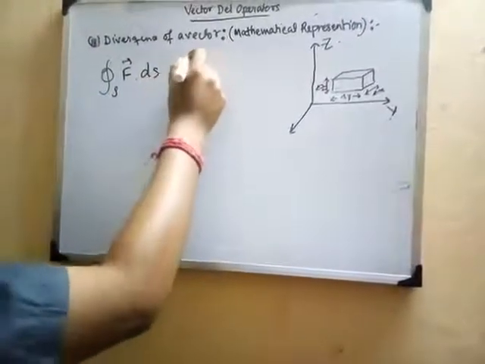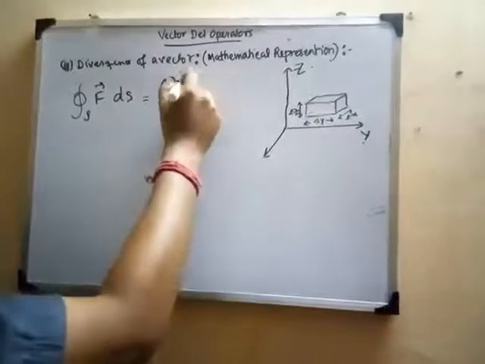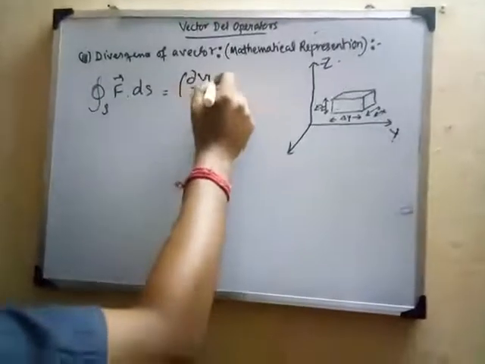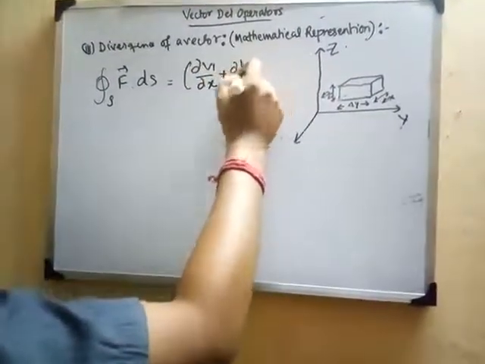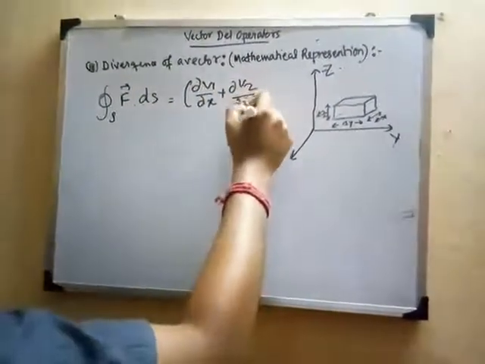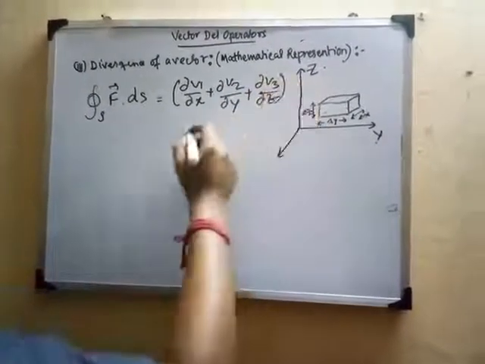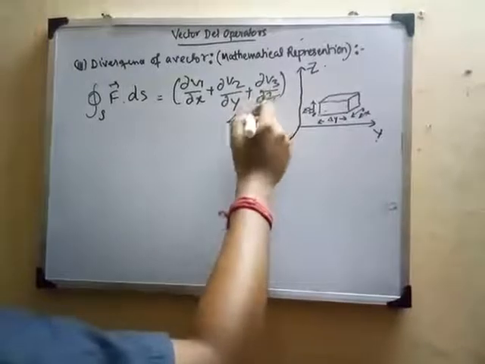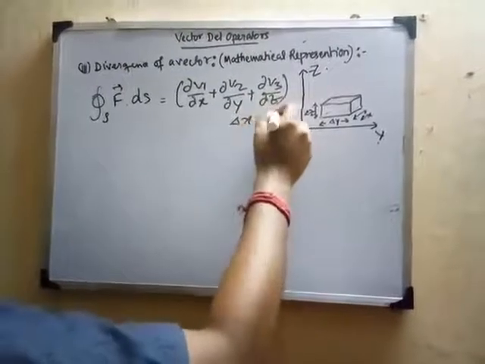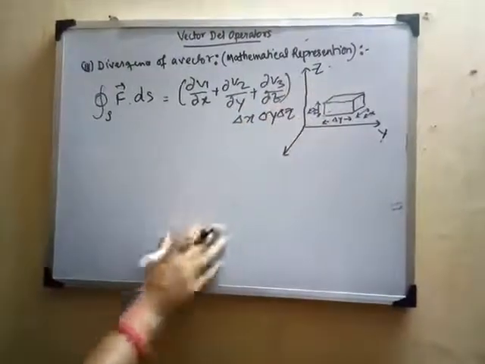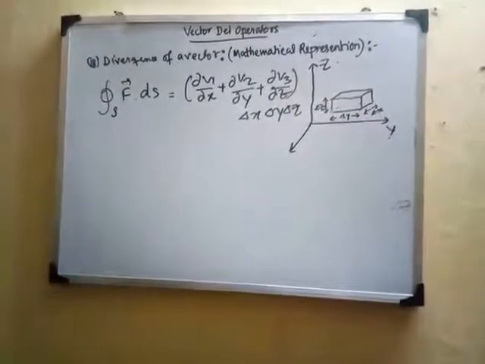So we can write that it is ∂v1/∂x, simply adding it, plus ∂v2/∂y plus ∂v3/∂z, multiplied by ∂x ∂y ∂z. So after adding, we get this equation.